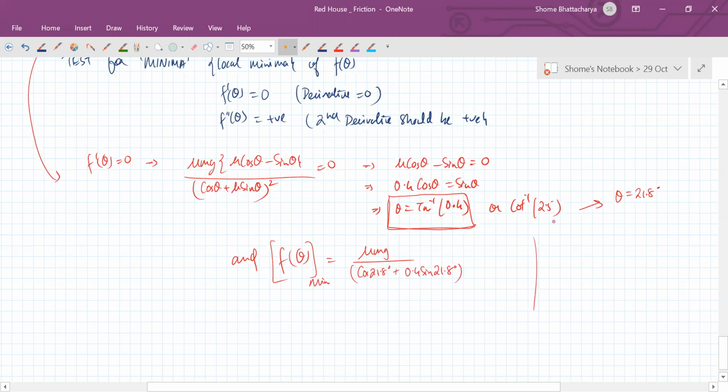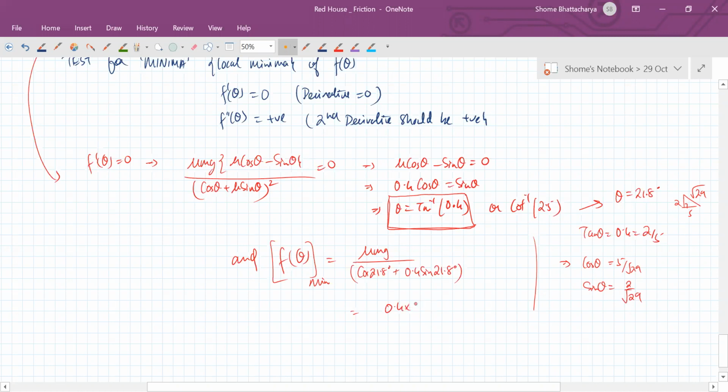But you can also use a trick over here: if tan theta is 0.4, or that is 2 by 5, then cos theta will become how much? So 2, 5, this will be square root of 29. So cos theta will be 5 by root 29, and sin theta will be 2 by root 29.